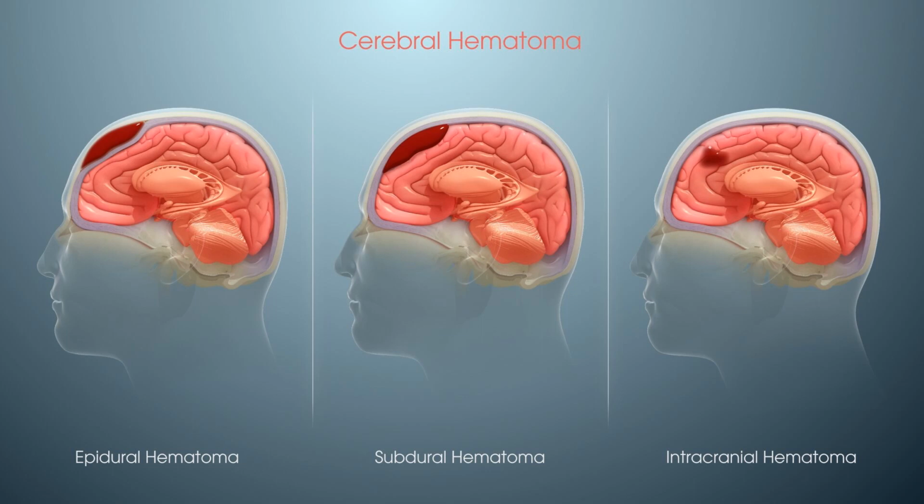So it's still causing pushing, compression, and pressure on parts of the brain. The second image is a subdural hematoma. So sub is below, that's below the dura layer, but not inside the brain. It's outside of the brain tissue, but still causing pressure. And then the third image is intracranial hematoma. So you've got bleeding inside a location in the brain.